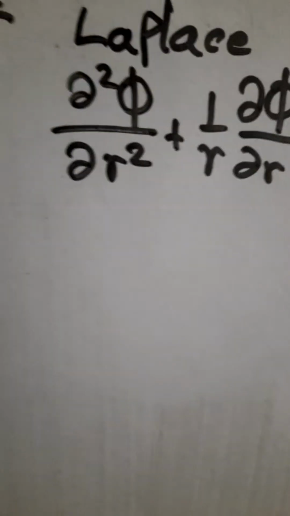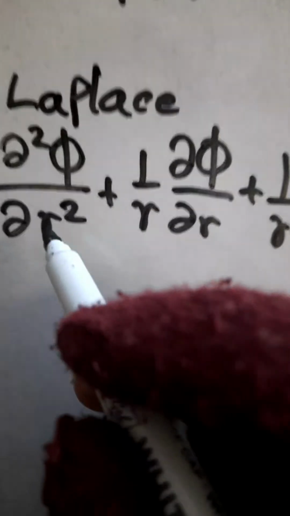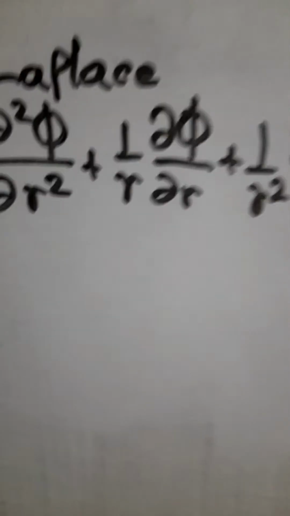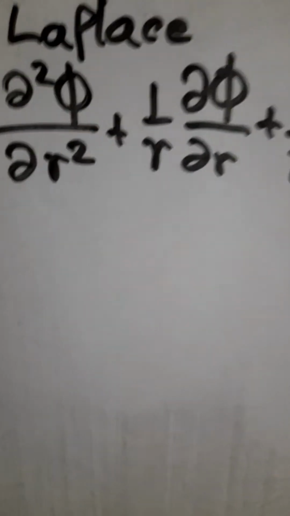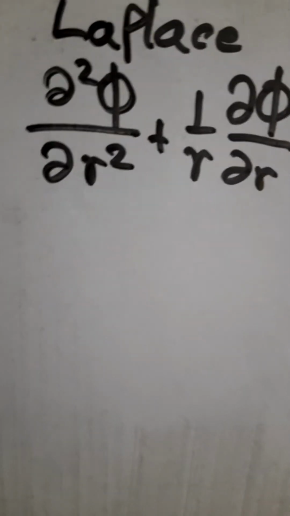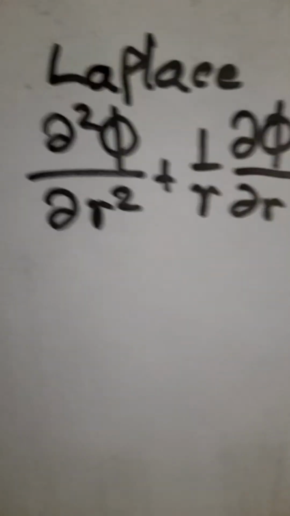Now what happens here is you take del squared phi by del r squared. In the Laplace or harmonic equation condition, we apply the square of the operator. In physics, you must have studied the divergence function, which is del squared. We just apply it to our function.